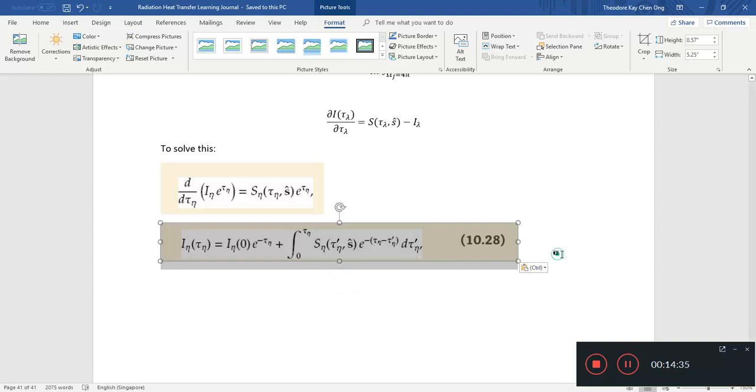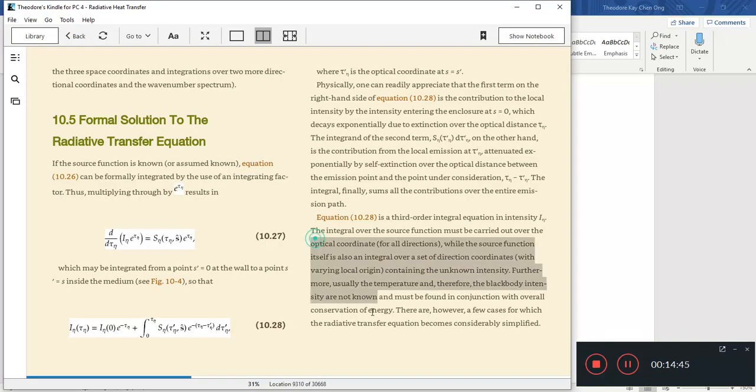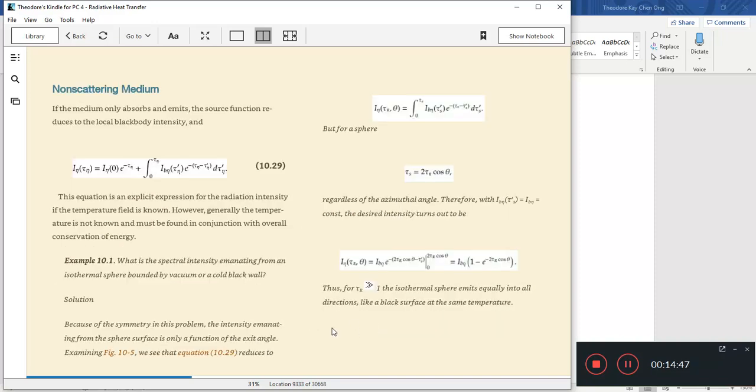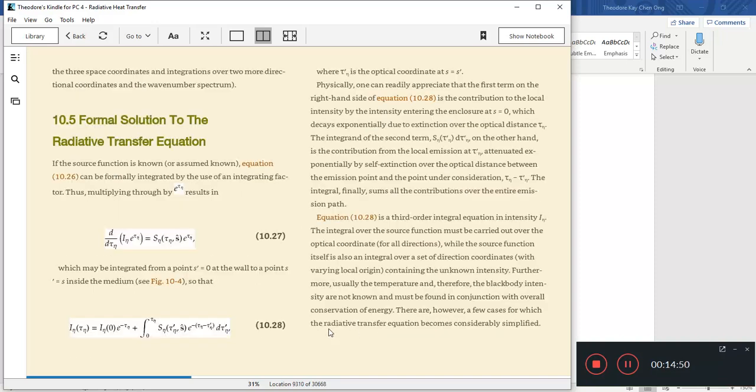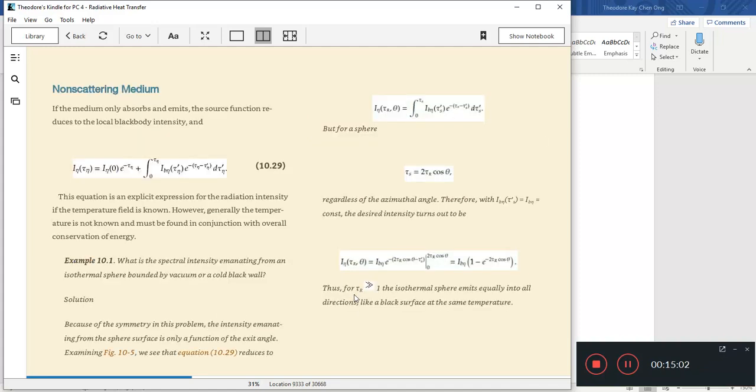In theory, you can solve it like that, but of course, getting actual results using this is much harder. So I'll just leave this here for reference, because that's what the textbook does. Okay, so this is called the formal solution to the radiative transfer equation. Again, it's a nice mathematical statement, but otherwise not very helpful to us to actually solve the thing.